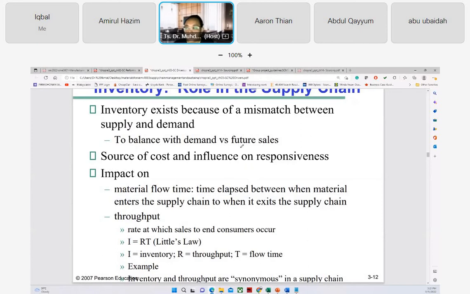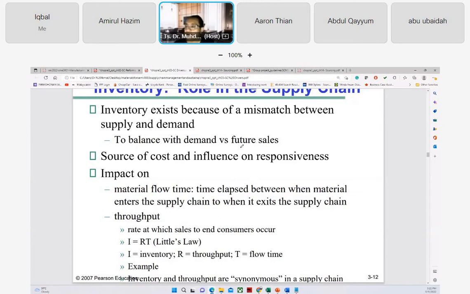There will be a mismatch between demand and supply. So how to balance? That's why sometimes they order a little bit more and keep some inventory for the safe side, to reduce the risk of having a mismatch.